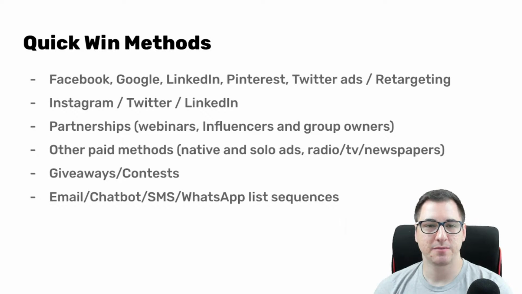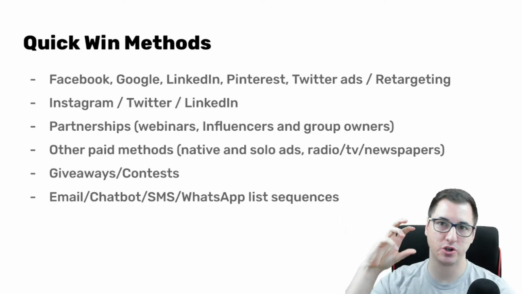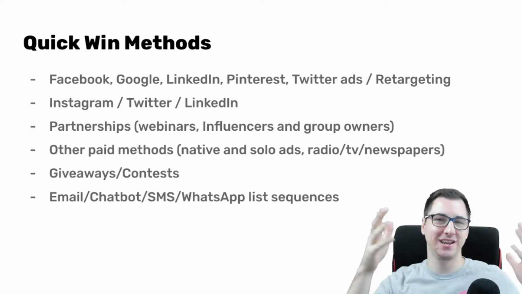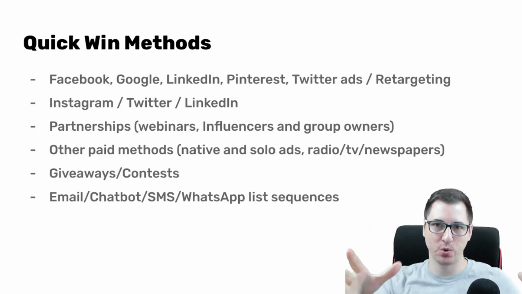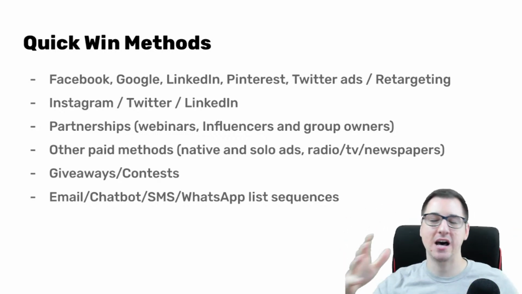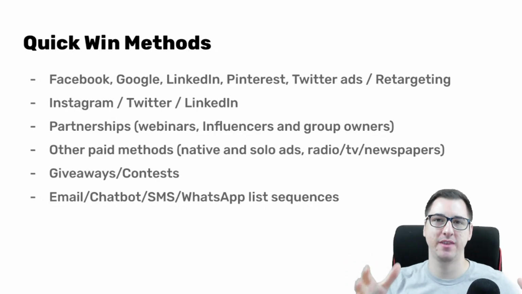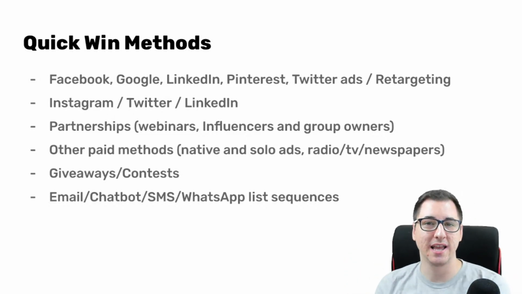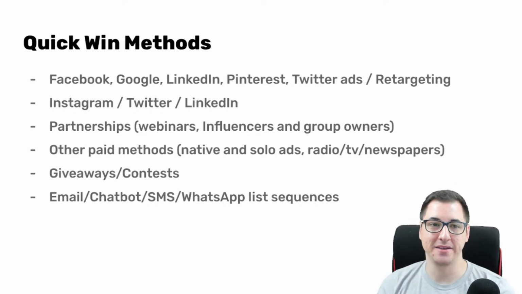But you could exploit that with ads. For example, you can just run a lot of ads and say, okay, Facebook, okay, LinkedIn, okay, Twitter, just show my post to hundreds and thousands and millions of people at the same time, and this could be a quick win. The more people see it, the more people could click on it, and the more money you could make. So this is why we call them quick wins.